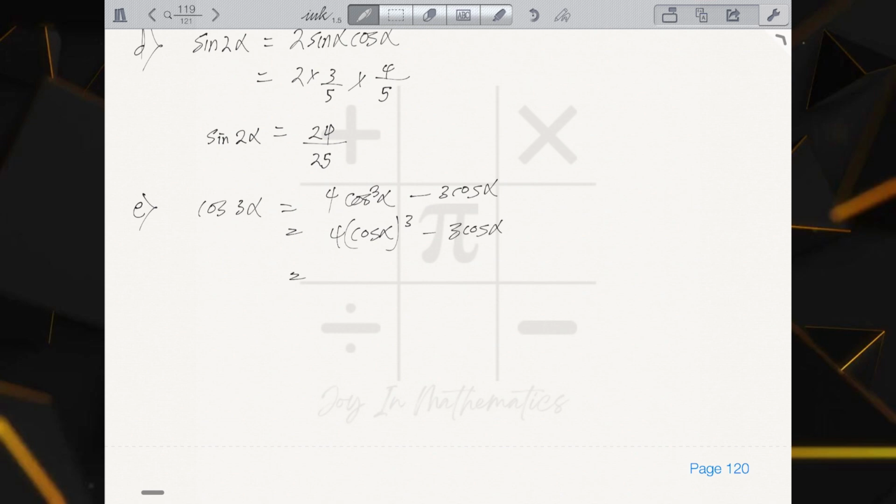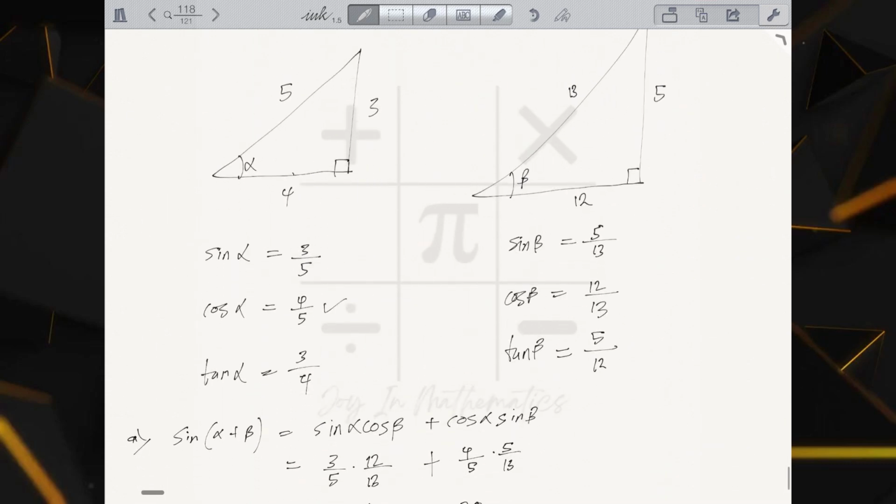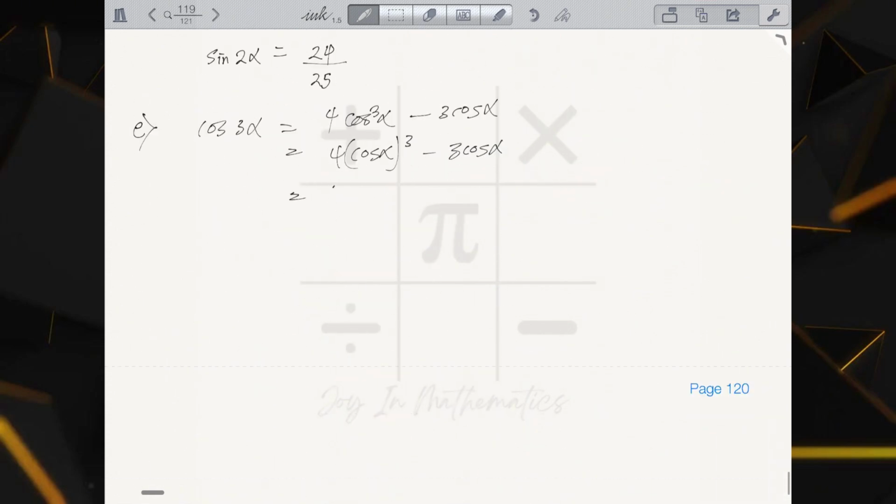So question, what is cos alpha? According to the diagram, we see that cos alpha equals 4 over 5. So this is 4 multiplied by 4 over 5 raised to the power of 3 minus 3 multiplied by 4 over 5. So this will be 4 raised to the power of 3 is 64, 5 raised to the power of 3 is 125, minus 12 over 5.